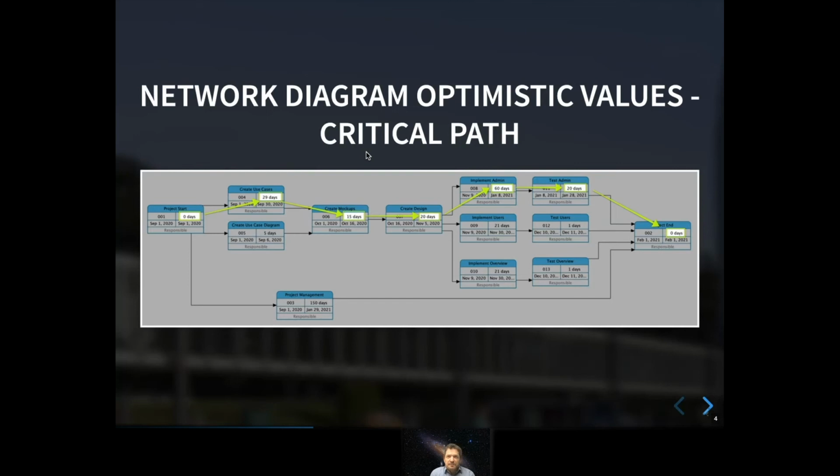Then what usually happens is that if something changes, for example, if creating the design takes 1 day longer, it immediately, due to the critical path, has an effect on the project end, right? You can easily analyze that by having a look at the critical path. So far so good.